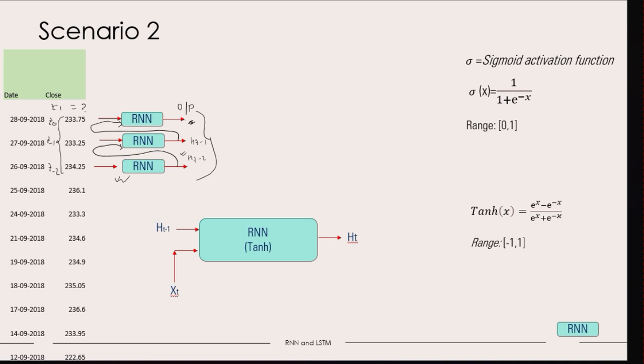But by creating the chain, because the output of ht minus 1 has the influence of its previous input and so on. So in this way we can say the final prediction has the influence of all of my previous data.